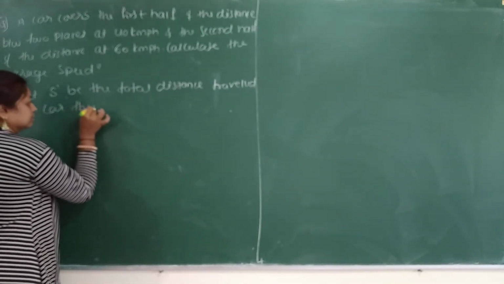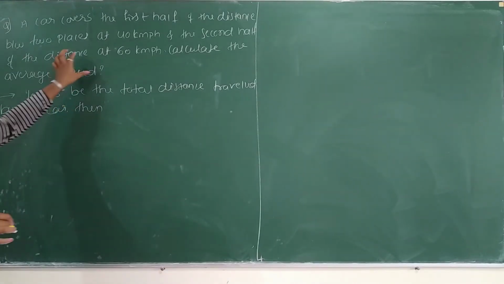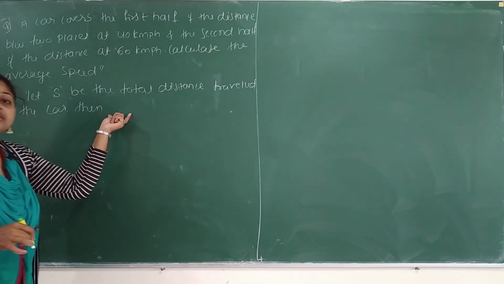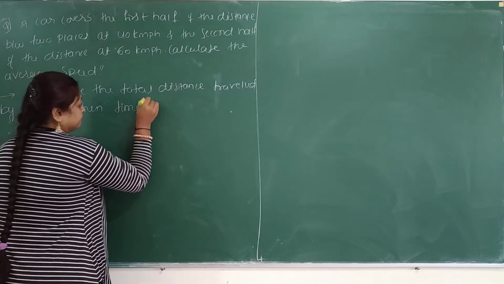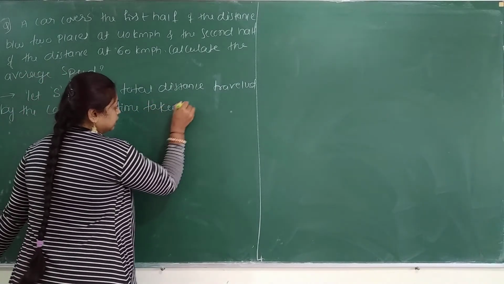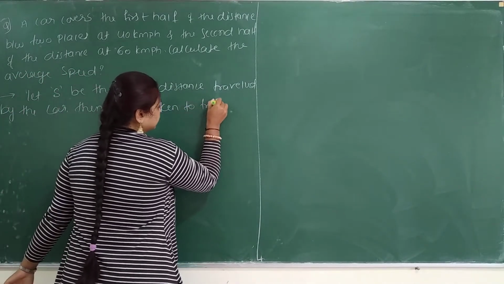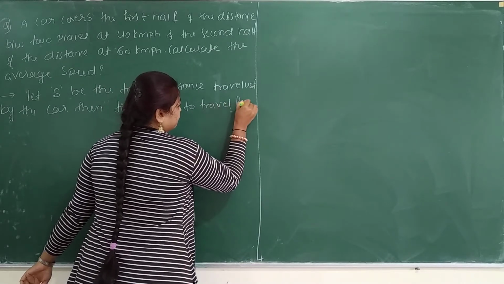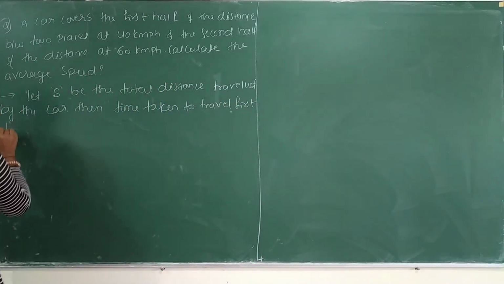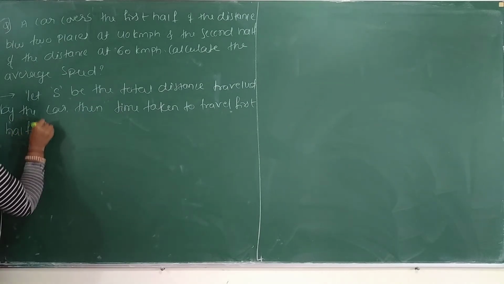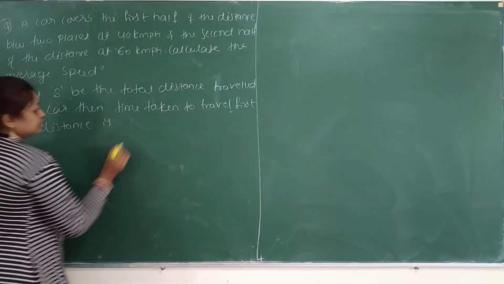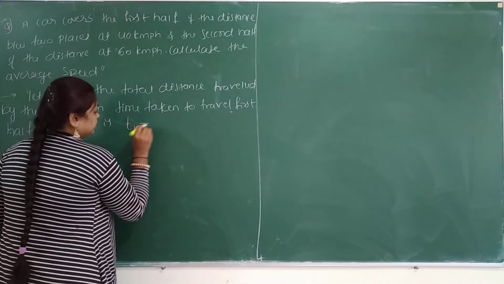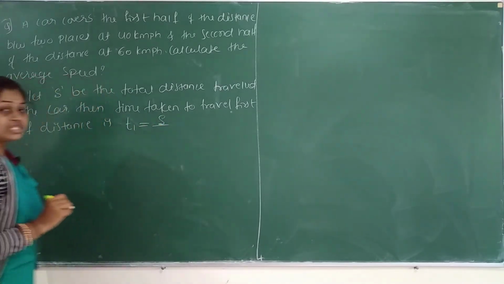Then to cover the first half distance, how much time will it take? First calculate that one. Time taken to travel the first half distance is, right here, t1 is equal to the first half distance.